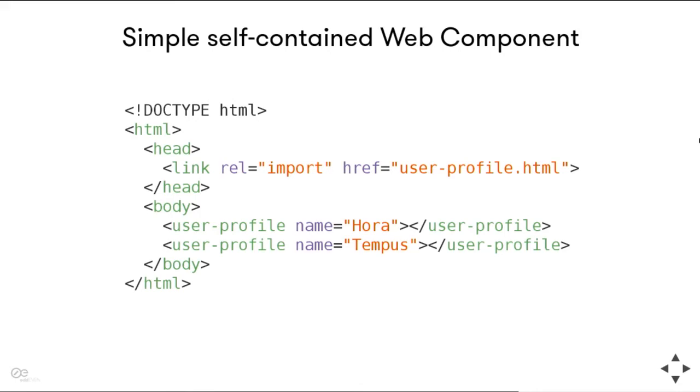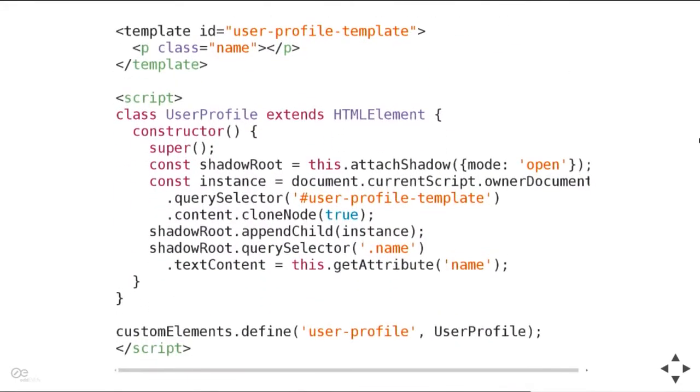And if we look at this implementation, you can see that the self-contained component would look something like this. This is version 1 web components, so version 1 custom elements and version 1 Shadow DOM. Here we have a template where we want to display a name, so we have a placeholder.